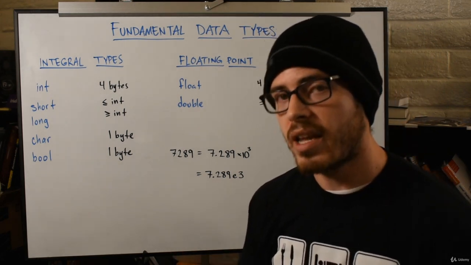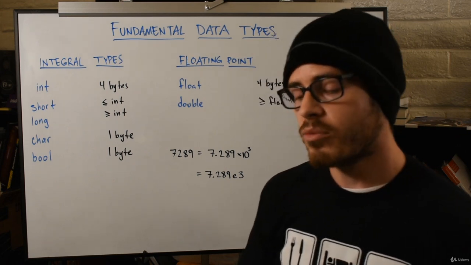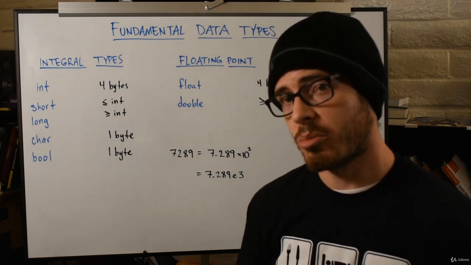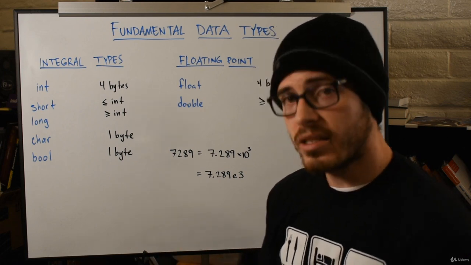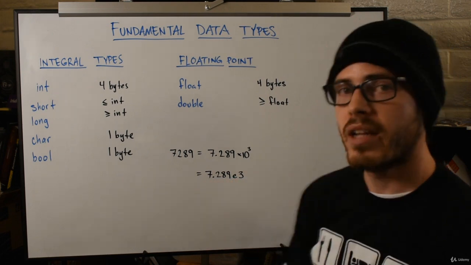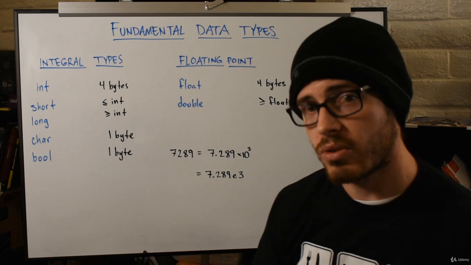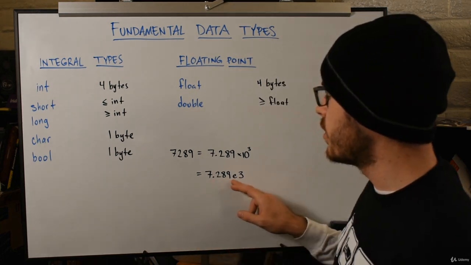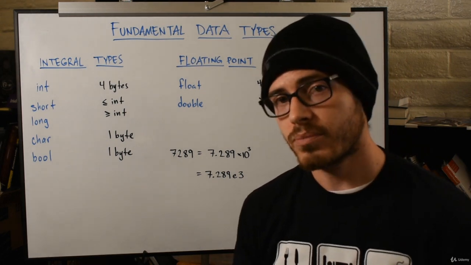In other words, it says, take this number 7,289 and represent it as a single integer with a fractional component times 10 to some power. It's often referred to as 7.289 E3, and the E3 just means times 10 to the third. And if you actually create some floating point data type and use this notation with the lowercase e, the computer will know what you mean.